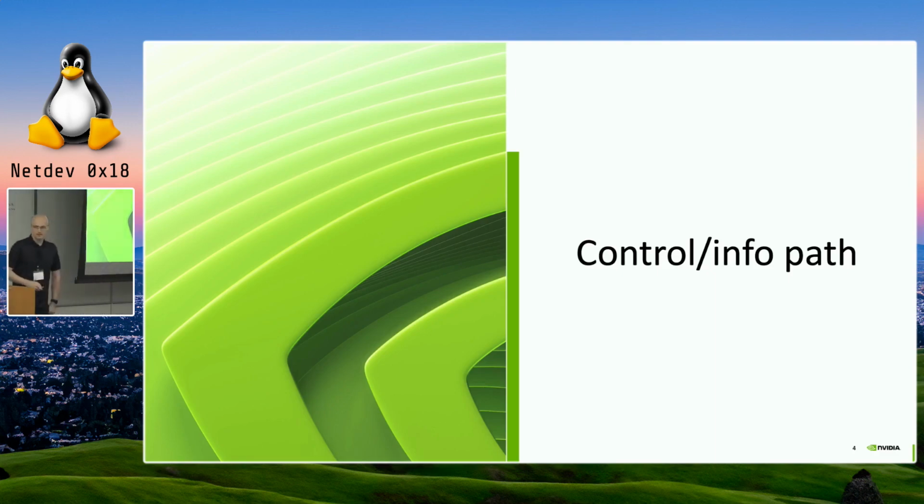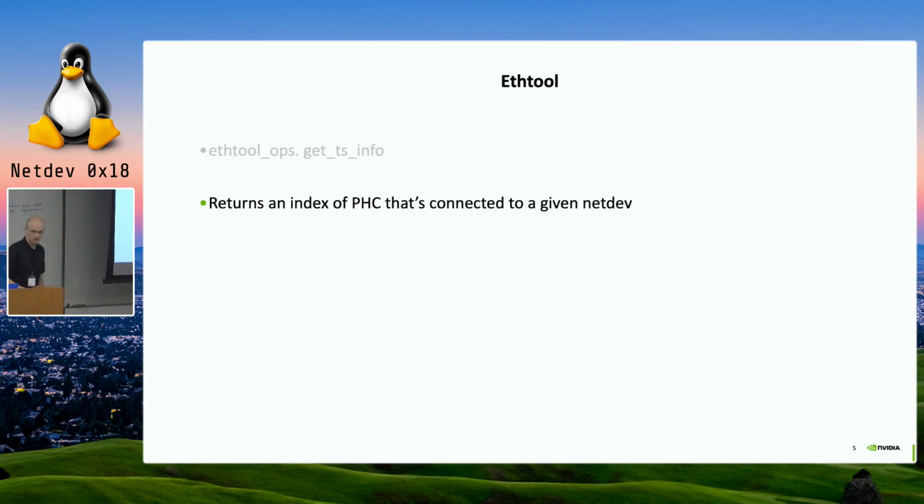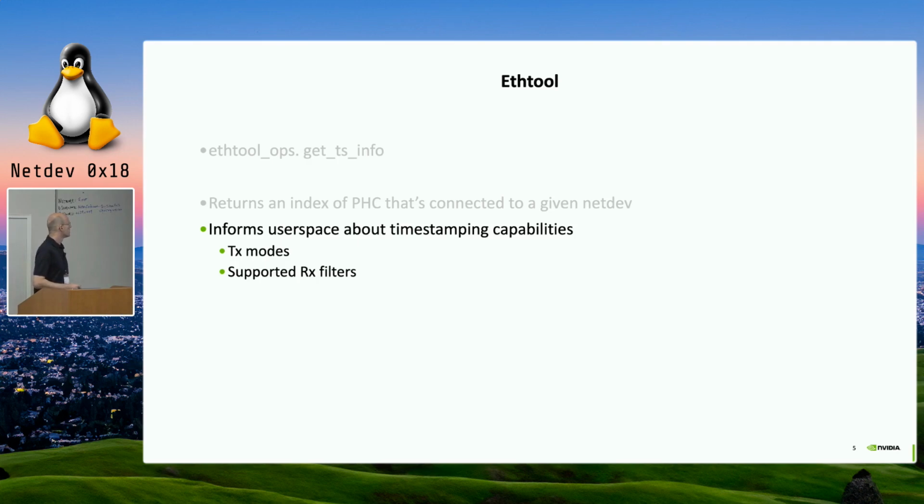So let's start with the control and info path. How can we actually understand what our device supports? There is an ioctl called get timestamping info. This one returns the index of the hardware clock that's assigned to our net device, and also informs user space about the capabilities of the device.